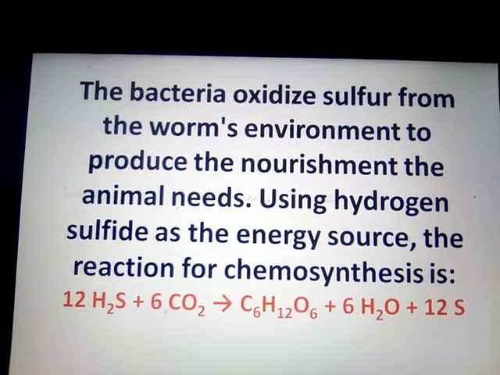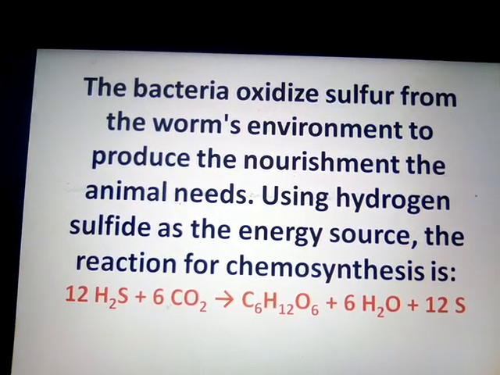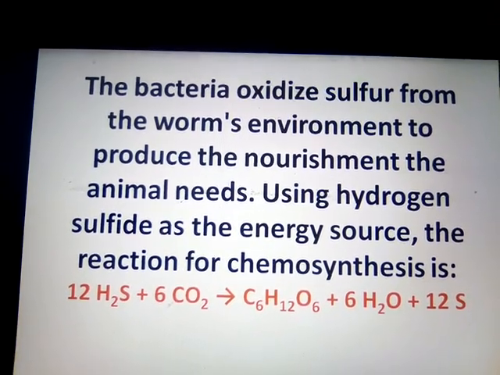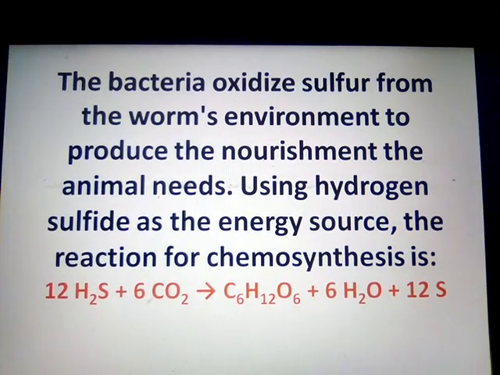Using hydrogen sulfide as the energy source, the reaction for chemosynthesis is as shown.